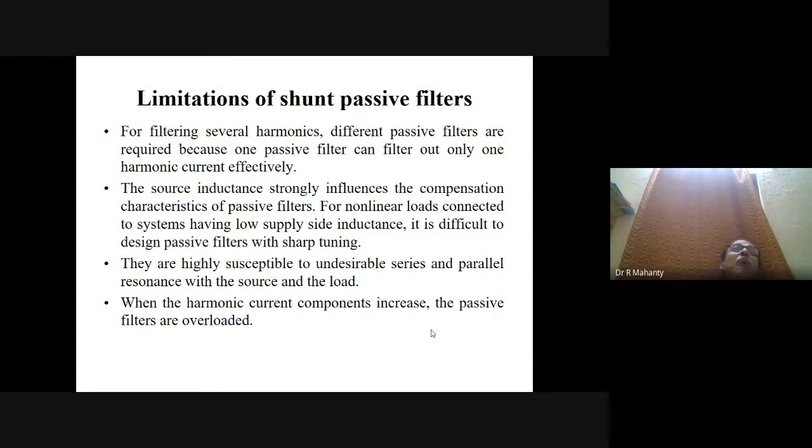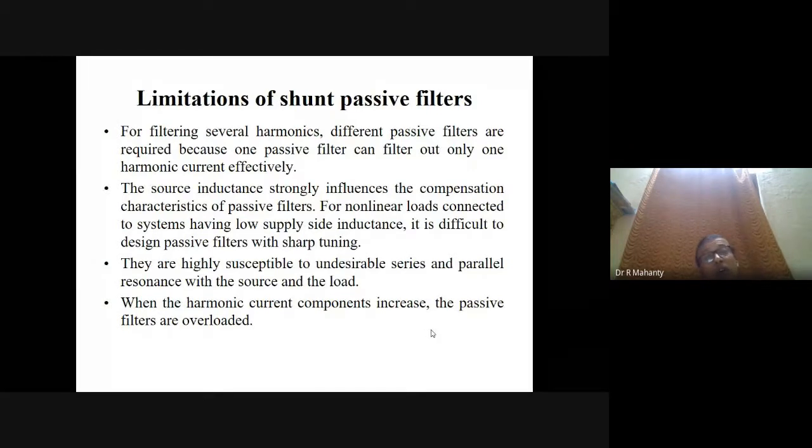Because of this parallel resonance, the shunt passive filters are detuned. That means you have tuned it at a third harmonic frequency, or at a fifth harmonic frequency, and because of the effect of series and parallel resonance, it is effectively tuned at 3.1 or 5.1 like that. Therefore, it is not exactly tuned.